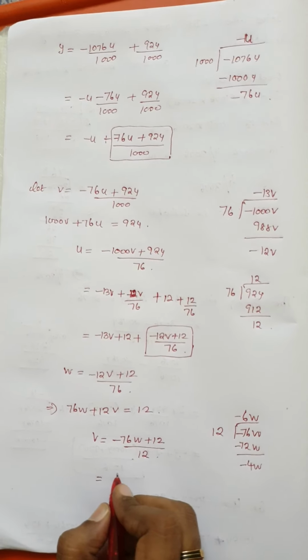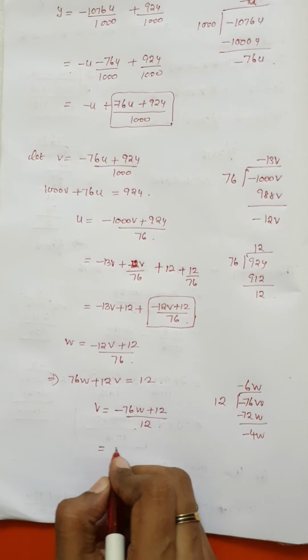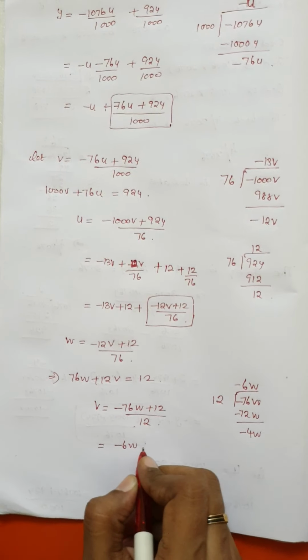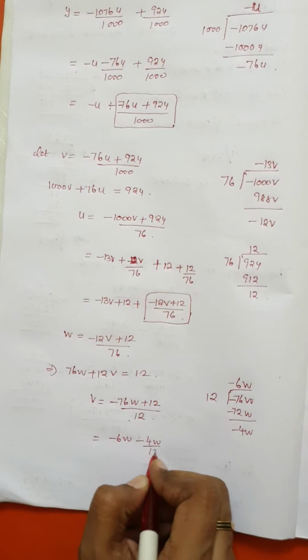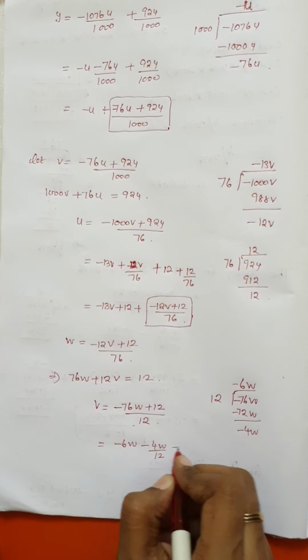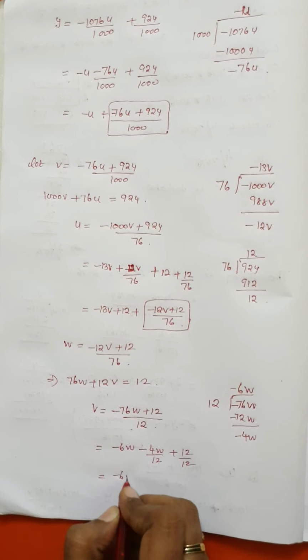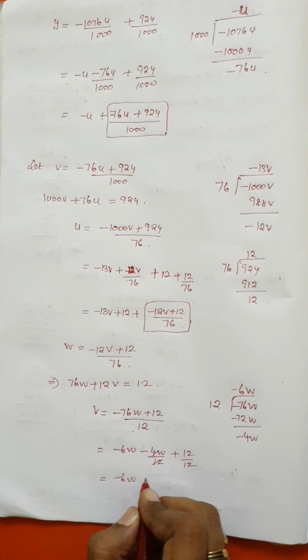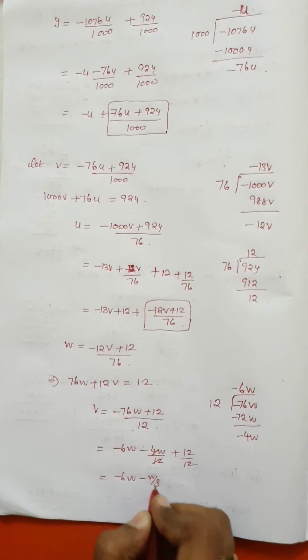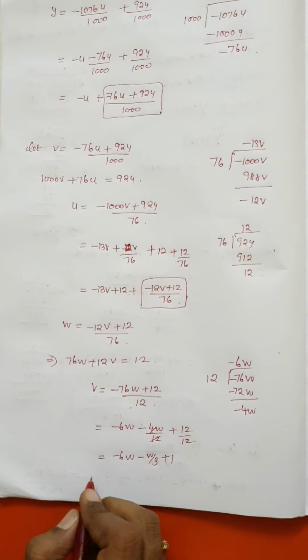So this can be written as minus 6w minus 4w by 12 plus 12 by 12. So this can be written as minus 6w minus w by 3 plus 1.